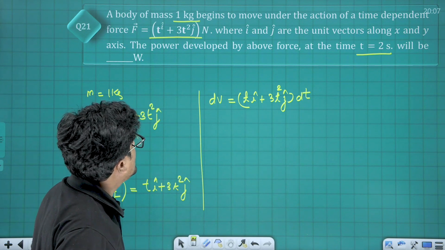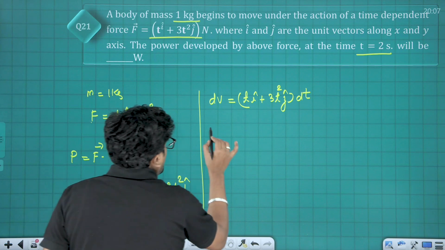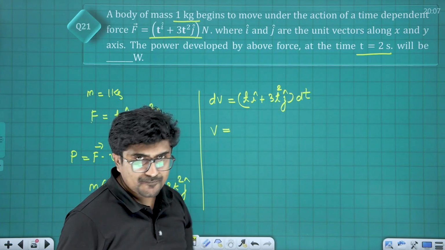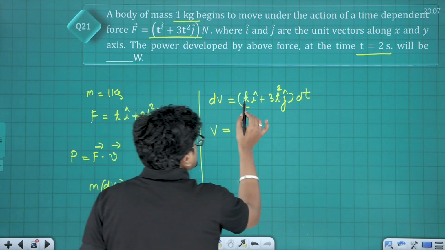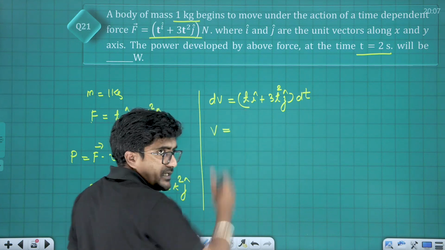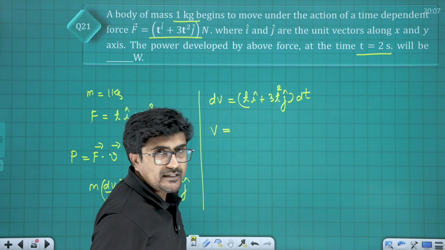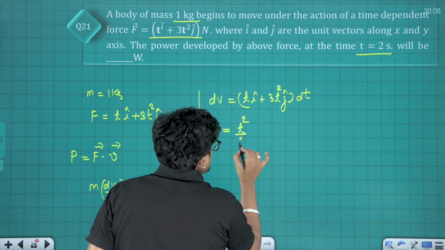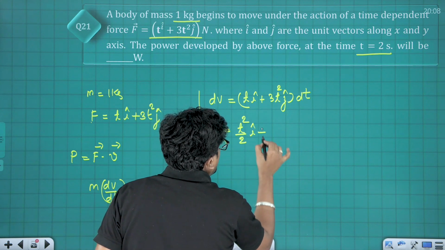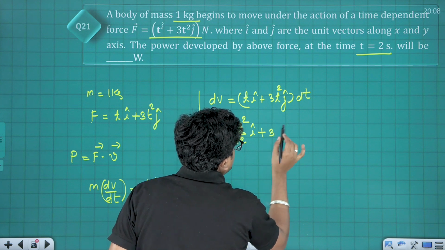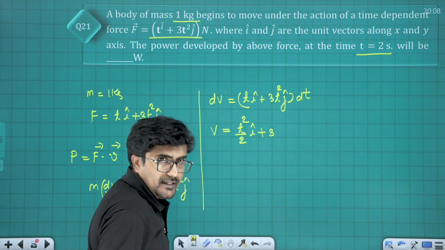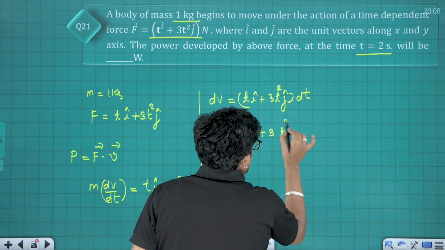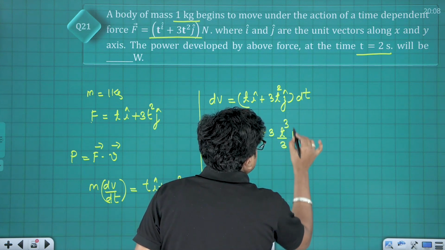Alright, fine. Now, if I want to take the value of v, it's going to be the integral of this. There I am going to get it as 0 to t integral of t dt. That's going to be t square by 2. So t square by 2 i cap plus, here this is going to be 3 into integral of t square dt, which is going to be t cube by 3, so t cube by 3 j cap.